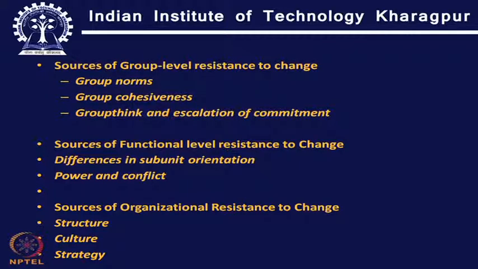And sources of organizational resistance to change are the structure, culture and strategy of the organization, like a mechanistic structure, a very rigid culture, or a bureaucratic organization, or a strategy taken by the organization that is too rigid with little flexibility. All these things will define the organization's sources of resistance to change.